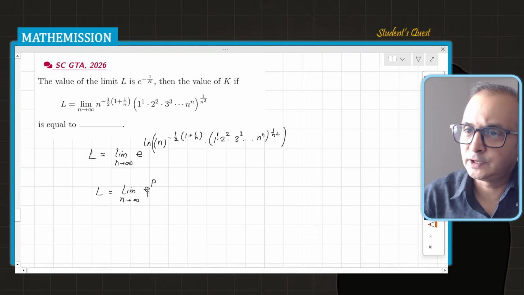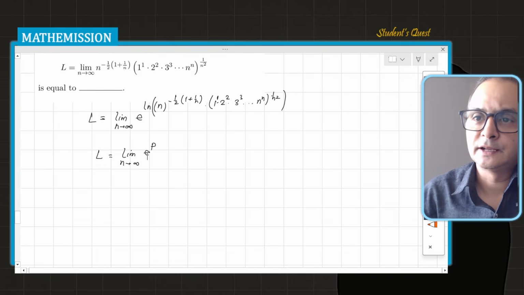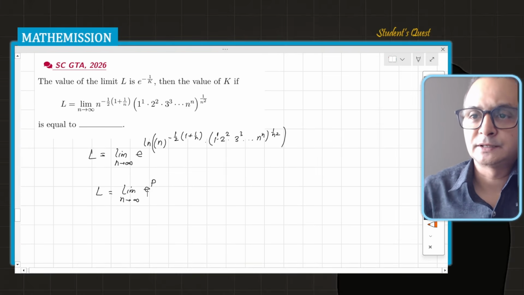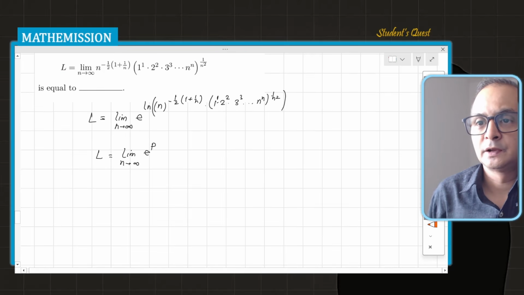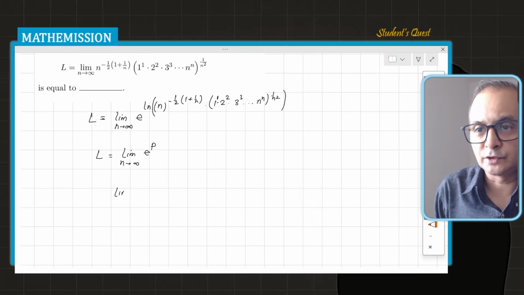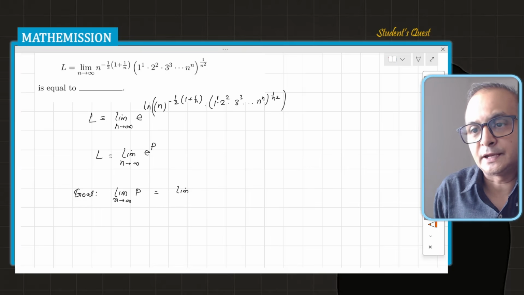Or more precisely, you can write e to the power limit n tends to infinity p, because n is involved there. So basically we have to find out what the goal is. The goal is to evaluate limit n tends to infinity of the p value. It means limit n tends to infinity, the log of this.